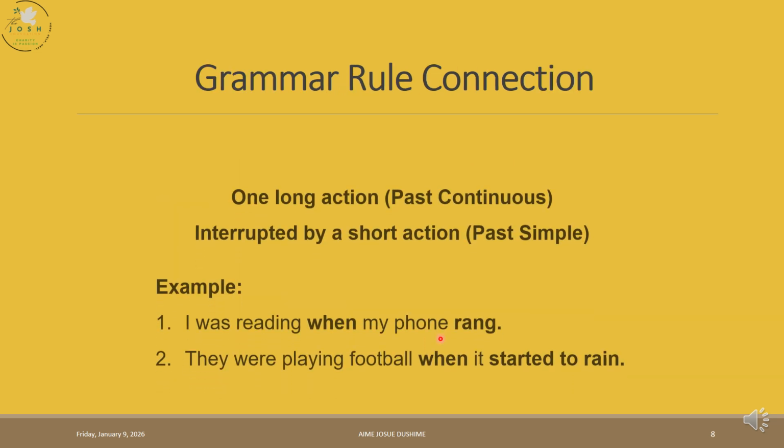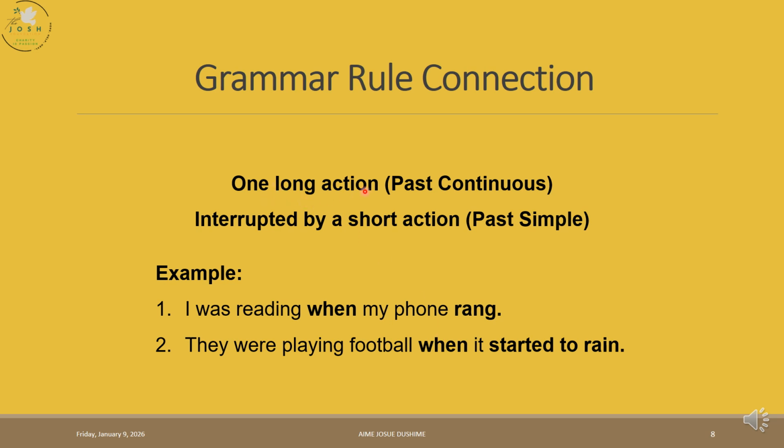Let's see the connection. If we are talking about the long action, we use past continuous. And when we talk about the interrupted, the short action that came in, we use past simple. I was reading when my phone rang. They were playing football when it started to rain.